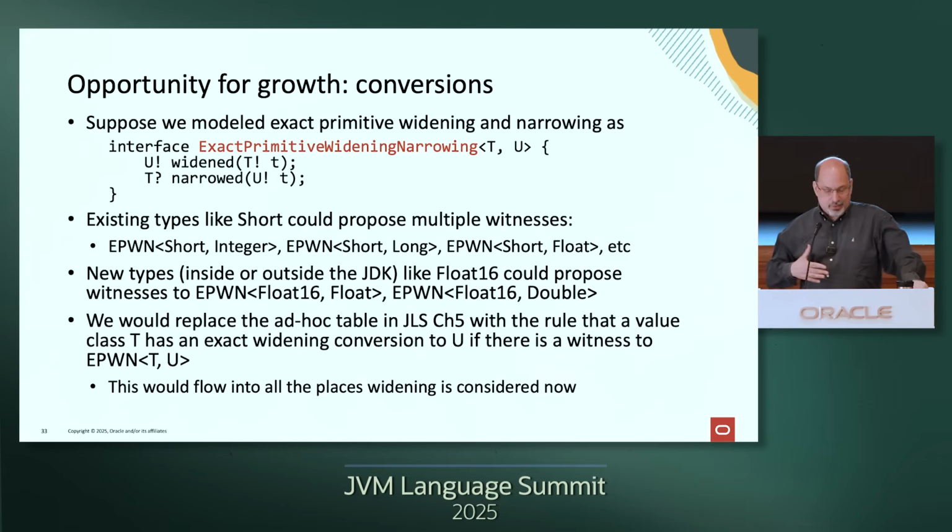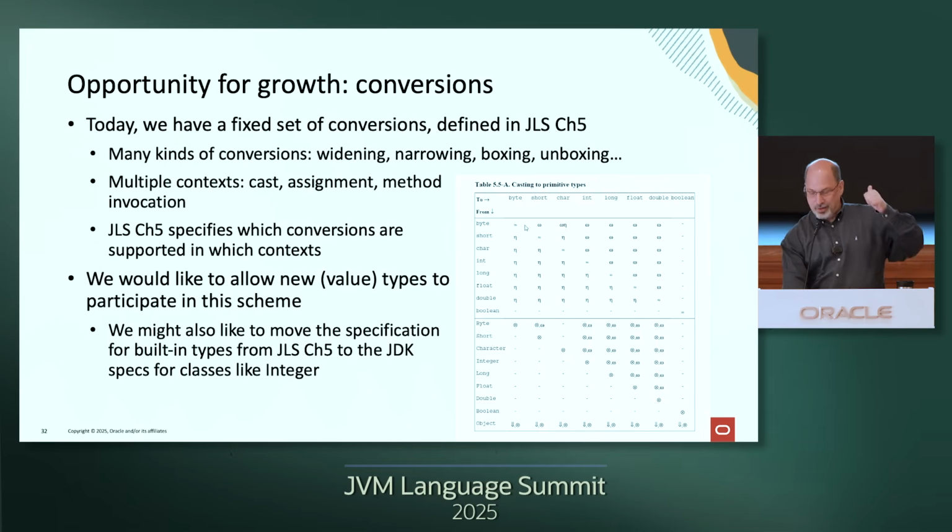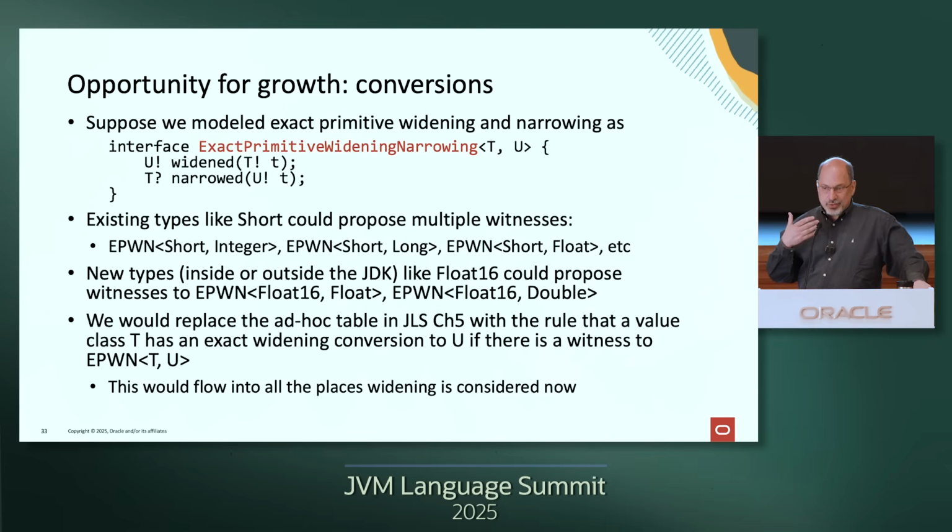And then we could replace that nasty table, illustrated here, with a rule that says, well, a value class T can be widened to a value class U if I can find a witness to exact primitive widening and narrowing from T to U. And then this would flow into all the places in the language where we use primitive widening. So that would be nice. It both makes the definition of the language clearer, but it means that conversions that are added by libraries are treated exactly the same way as conversions that are built into the language, which is what Guy was talking about in growing a language.